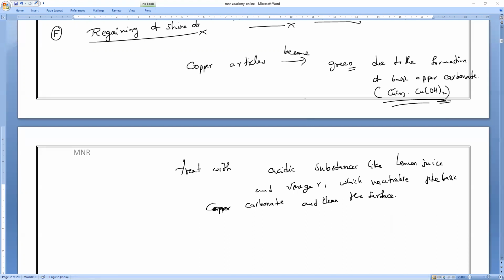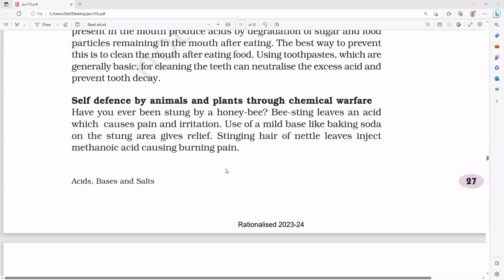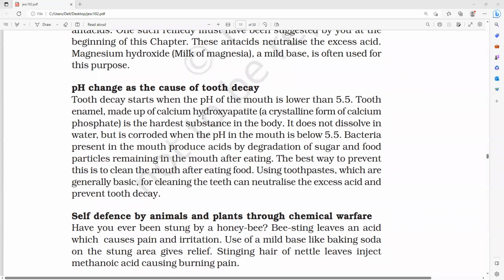That is the reason I told you yesterday to read the textbook, you find one more new thing. Crystalline form of calcium phosphate. So what is that, everybody? Teeth. You found it in the book, yes or no? That is calcium hydroxyapatite.